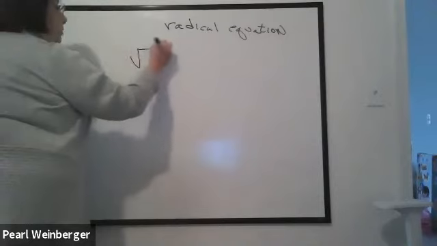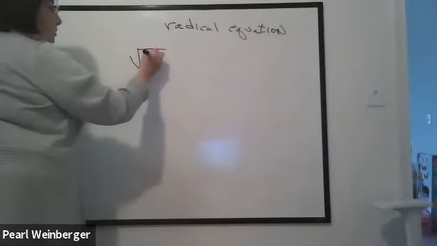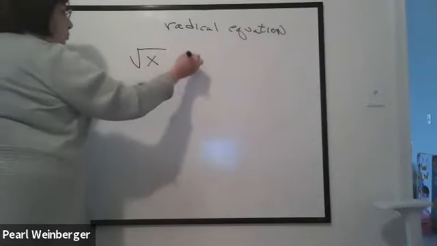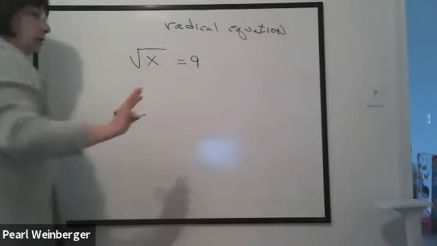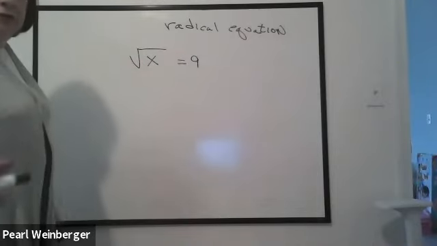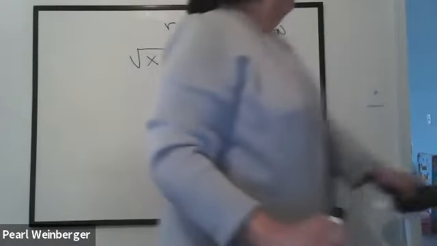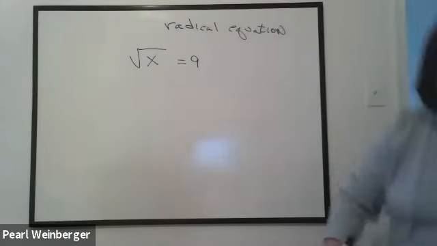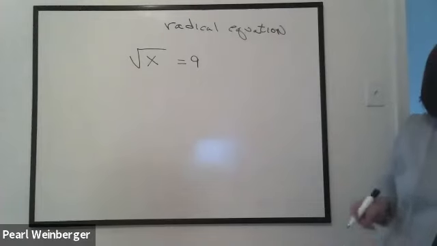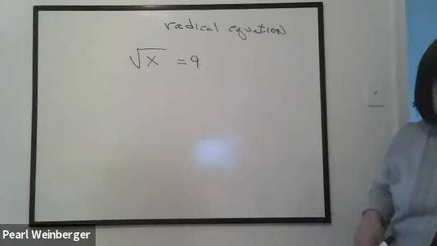What if I gave you the square root of x is equal to 9? Now what I'd like you to do is to think about the answer. I'm going to give you a couple of minutes and see if you can put the answer on the chat. If you have that ability, you can put the answer on the chat. See what you think the answer should be.